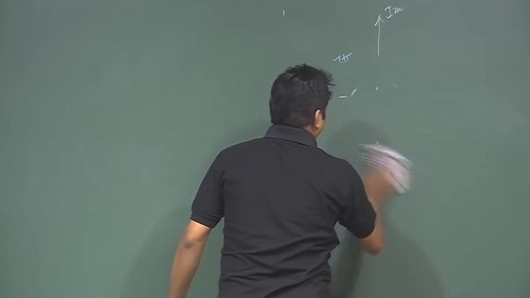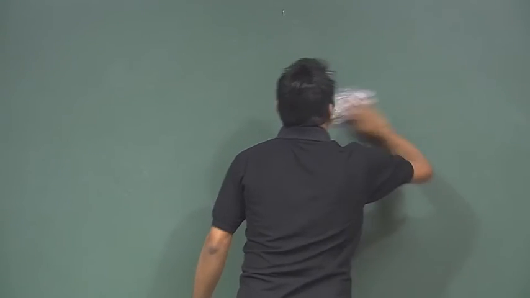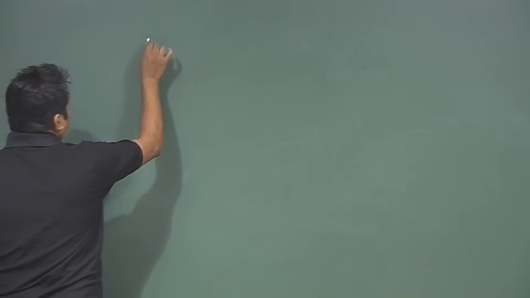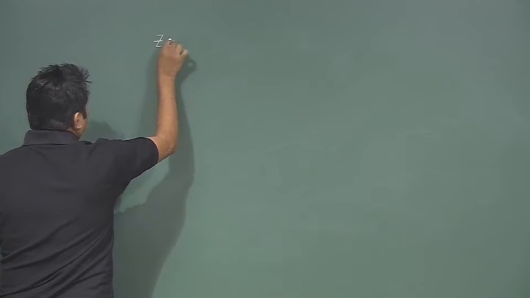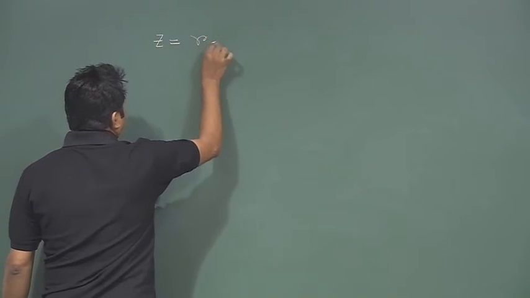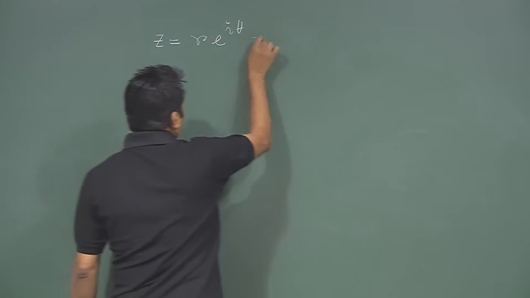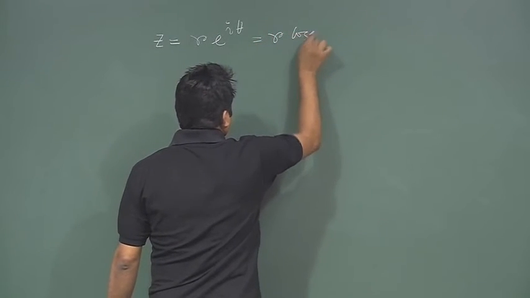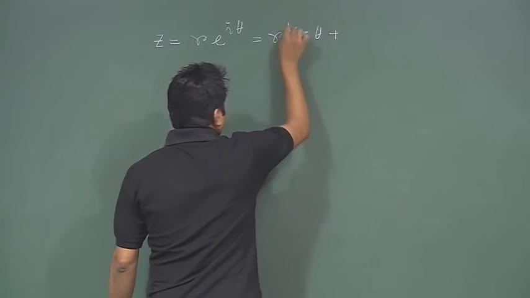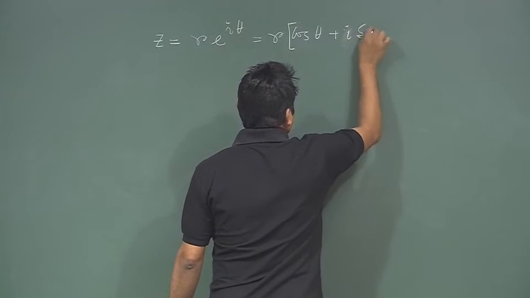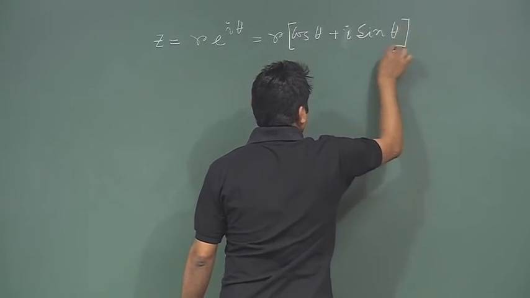After that, I would also like to mention one thing. This is important, this principal value, principal argument, we are going to use soon. But before that, let me write something. So, z was represented by r e to the power i theta in this form, which is r cos theta plus i r sin theta.